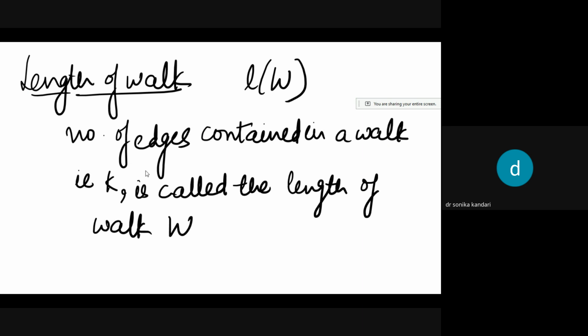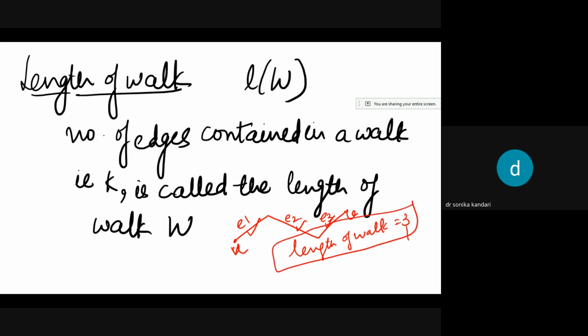What is the length of a walk? Suppose you have covered this. How many edges are there in this walk? 3. This is U, this is V. So the length of the walk here will be 3. 3 means the number of edges that we have covered.